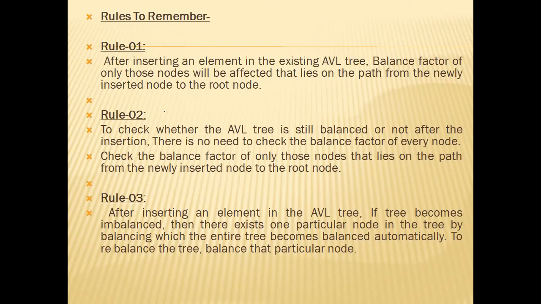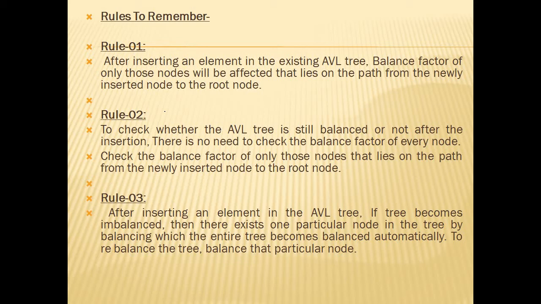What I said here, the same thing we need to mention here. Rule 1: after inserting an element in the existing AVL tree, the balance factor of only those nodes will be affected that lie on the path from the newly inserted node to the root node. To check whether the AVL tree is still balanced after the insertion, there is no need to check the balance factor of every node.